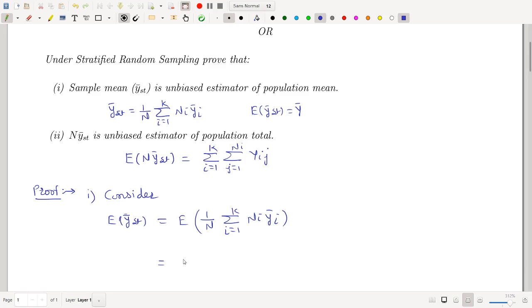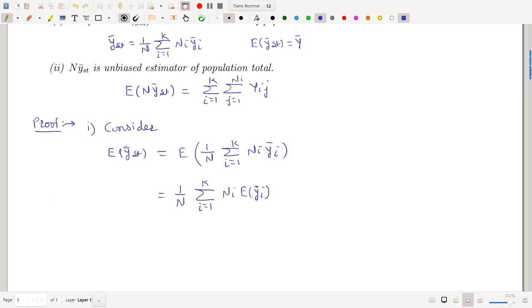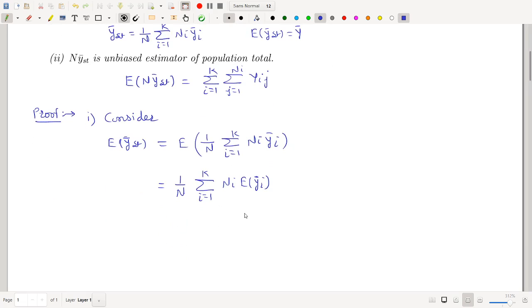So the next step will be like this. I can write this as 1 upon n summation i running from 1 to k, ni into expected value of y bar i. In the last lecture we had seen one remark. That remark is expected value of small y bar i is capital Y bar i. Why is this so?